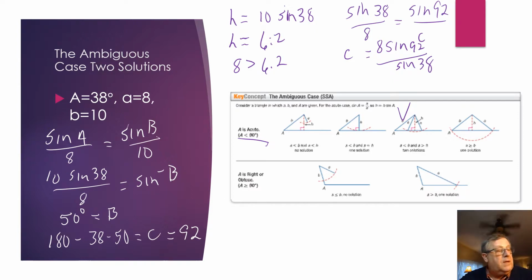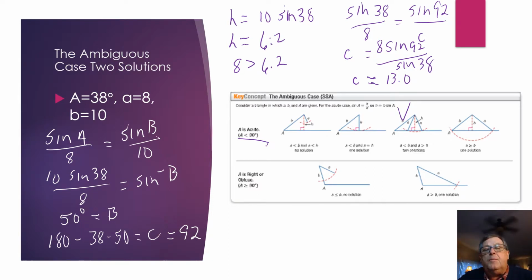All right, let's see what that equals. So we've got 8 times the sine of 92 divided by the sine of 38. And rounded, that's 12.98. So if we round that, then side C is approximately 13.0. All right, that sets us up if angle B is acute.